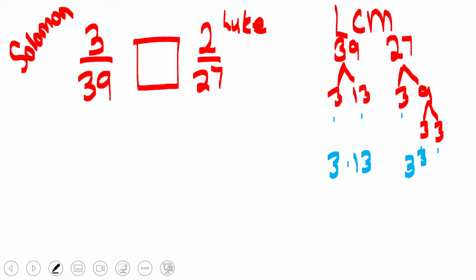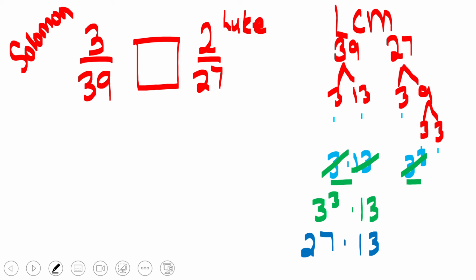Let's look for the greatest power of 3's first. 3 to the 3rd power. We addressed all our 3's. The greatest power of the factor left over is just 13 to the 1st power. We addressed all our factors. 3 times 3 is 9. Times 3 is 27. 3 to the 3rd power is 27 times 13.